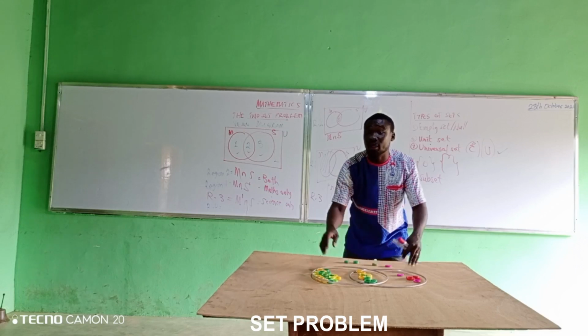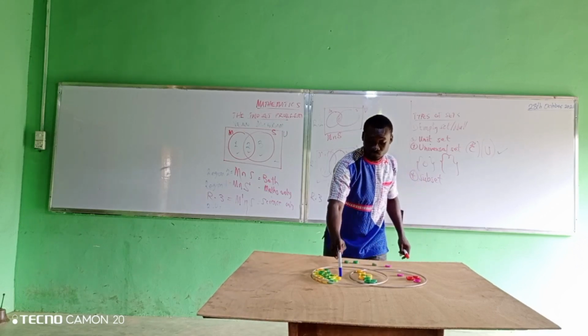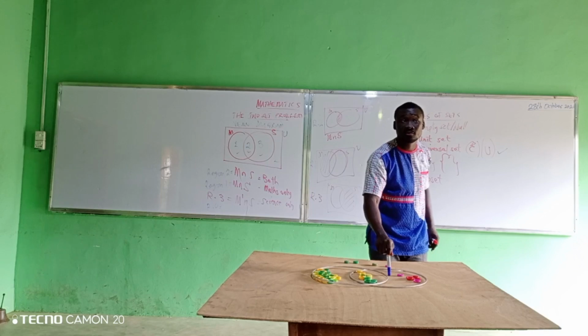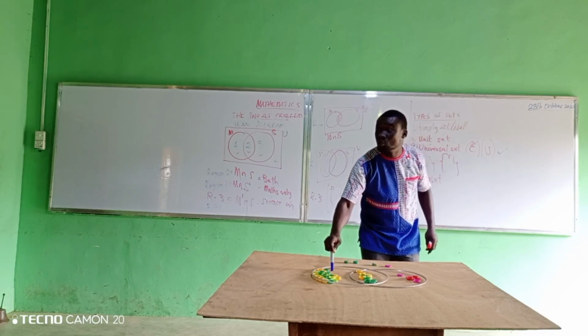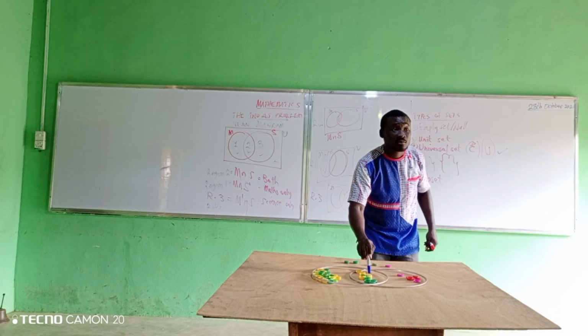Region 1, 2, 3, and 4. Let's take it again. Region 1, 2, 3, 4. So this region is mass only. Mass intersection science, science only. Let's take it again. Mass only.